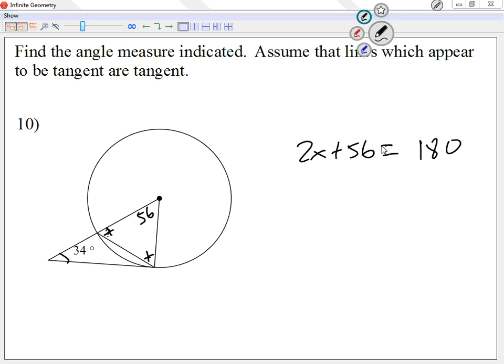Now you can solve for X. I subtract 56 from each side, so that gives me 124. X must be 62. But the idea on this is, if you have a triangle, you know 2 angles, you should know how to find the third one.